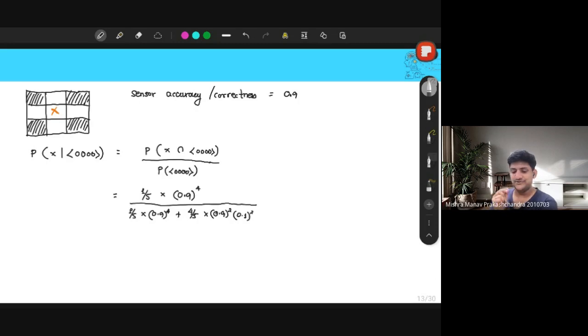So this is how you compute the probability. How do you compute it? Let's say I cancel the 1 by 5 everywhere, and 0.9 squared gets divided throughout. So I have 0.9 squared divided by 0.9 squared plus 4 times 0.1 squared, right?